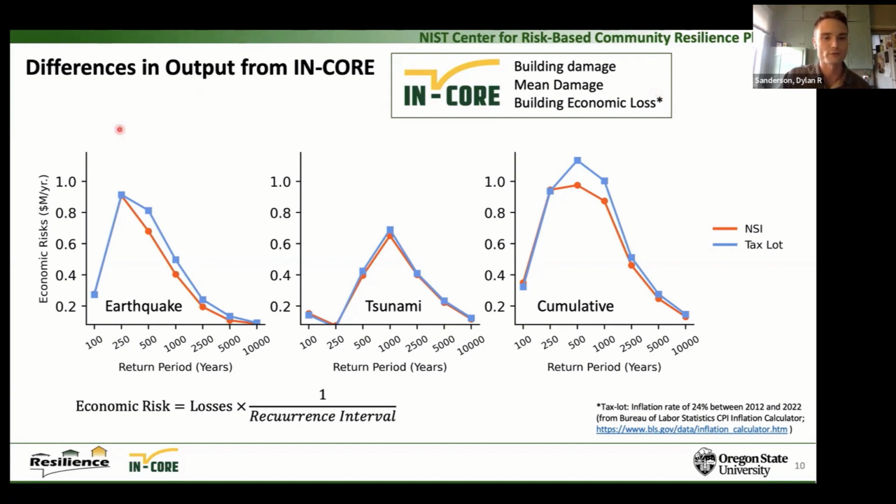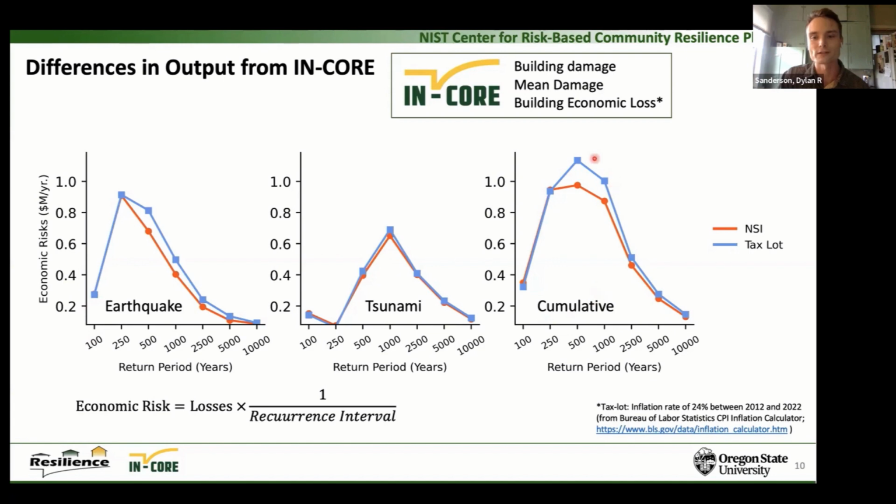So this plot shows first earthquake, then tsunami, and then cumulative economic risk. And economic risk is the direct losses divided by the recurrence interval, so it's annualized economic losses here. Each plot goes from the 100-year recurrence interval up to the 10,000-year recurrence interval.